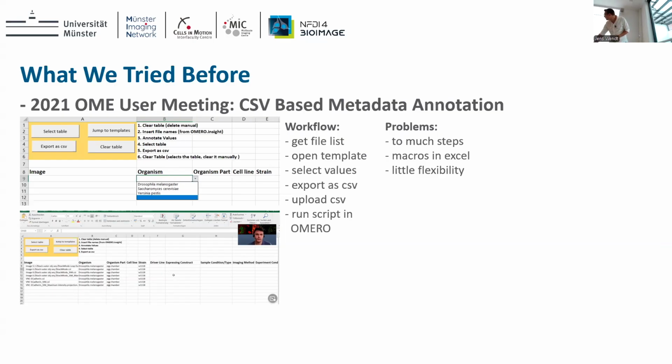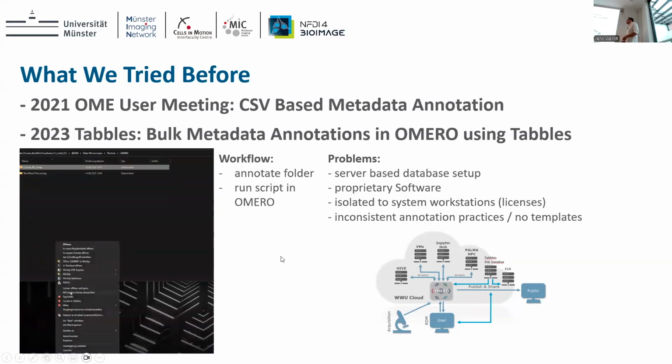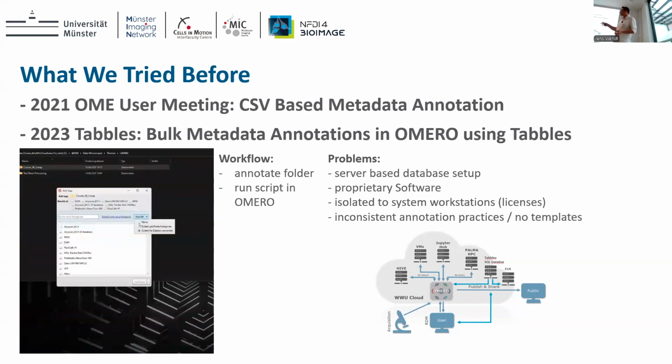So users are not using it, even if we explained it to them a lot. The other thing was basically called tables. This is a program which allows you to quite quickly tag your folders and files: you just type in your value, temperature, 37 degrees, whatever, and you can tag your files quite quickly.